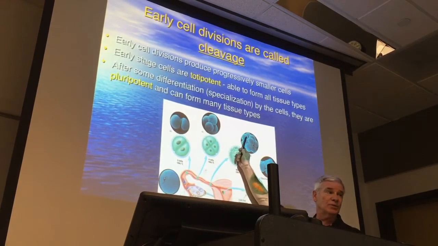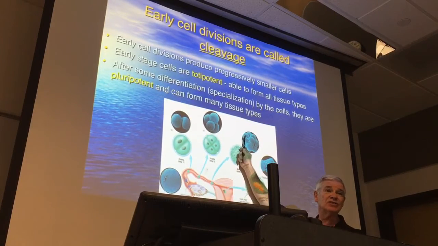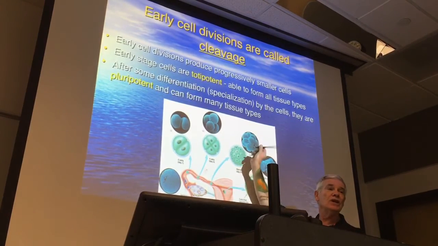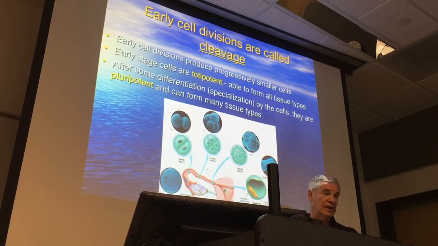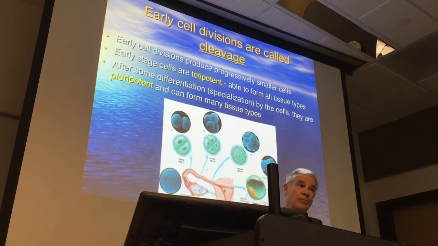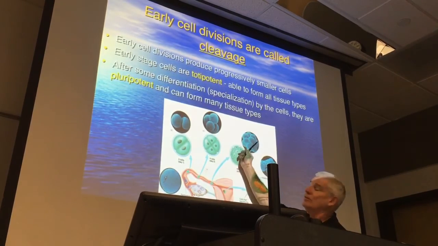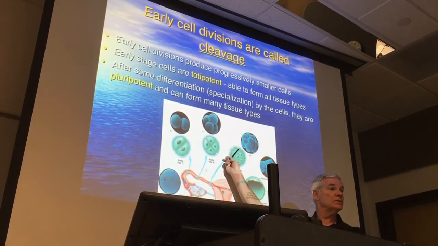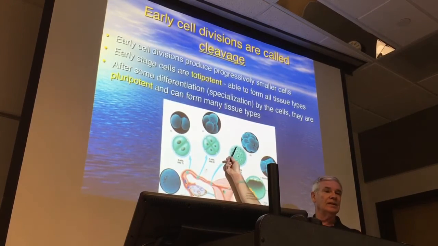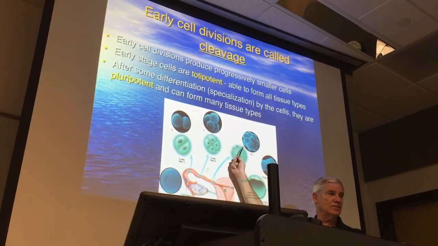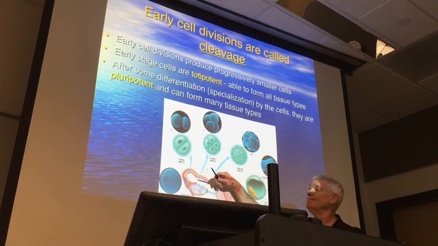After somewhere between the 8 and 16 cell stage, you end up with cells beginning to differentiate, and they can no longer form every tissue in the human. They can still form lots of tissues, just not all, and they would be called pluripotent. Roughly, it varies for individual cells, okay?